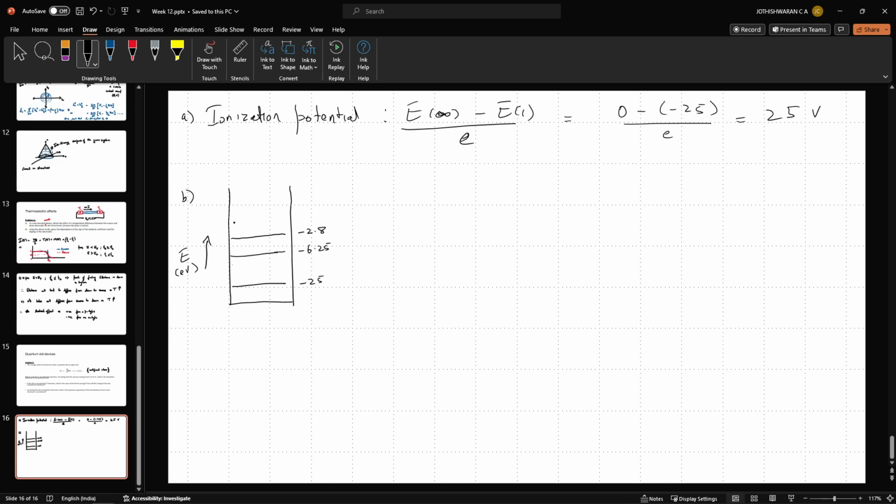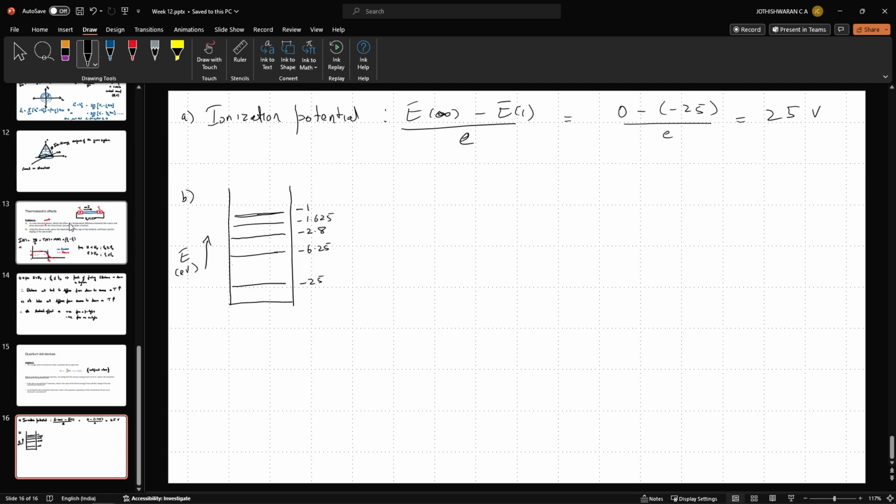That is going to be even closer. So this is minus 1.625, and after that we will have minus 1. So these are the first 5 energy levels.